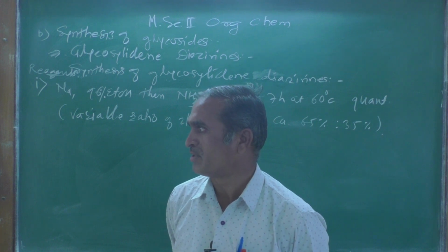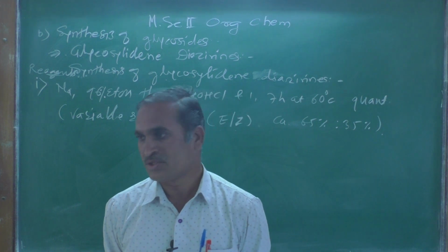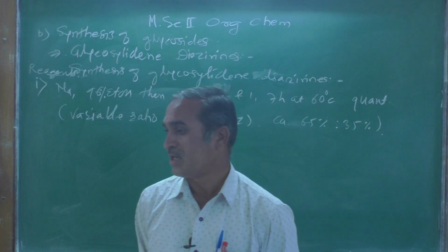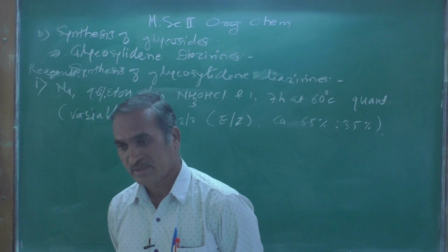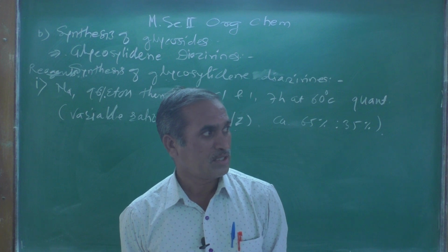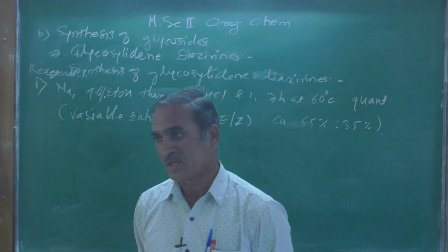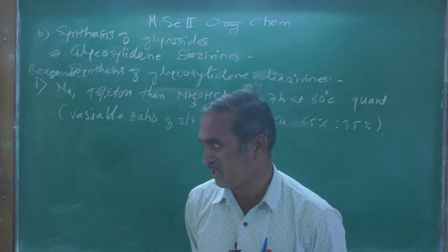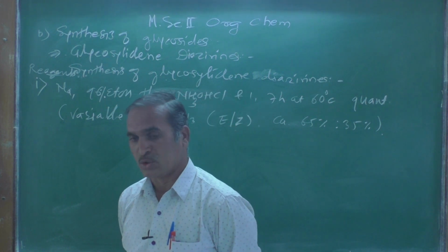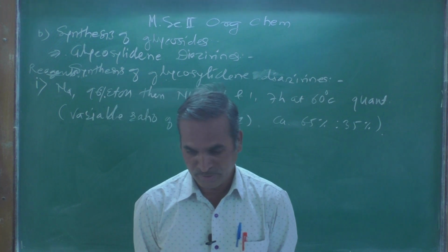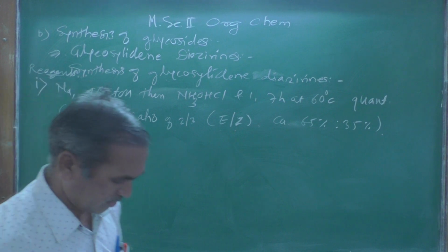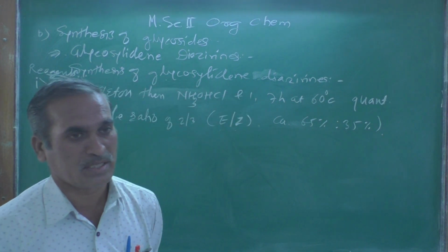Another essential condition for geometrical isomerism is A is not equal to B and D is not equal to E, and those fulfilling these criteria show geometrical isomers.